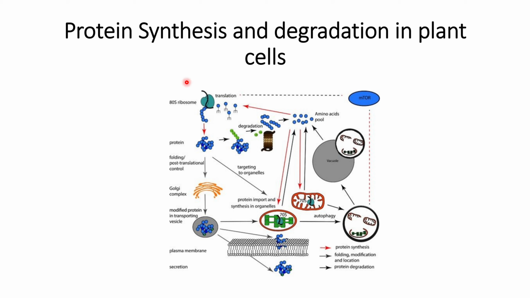So this is how protein synthesis and degradation occurs in the plant cell, which is more or less similar to the protein synthesis and degradation that occurs within the mammalian cells, almost 90% similar.